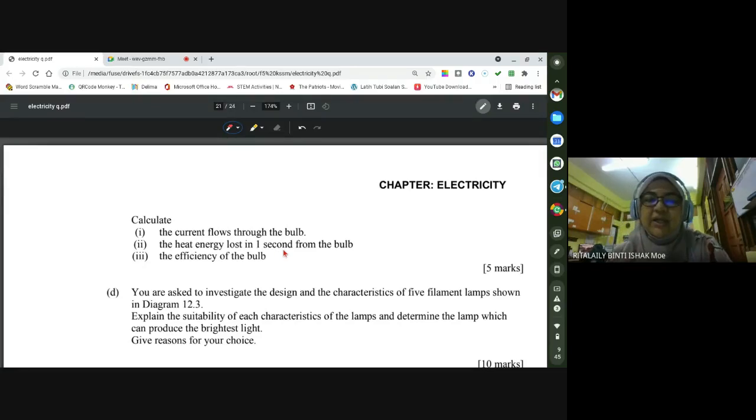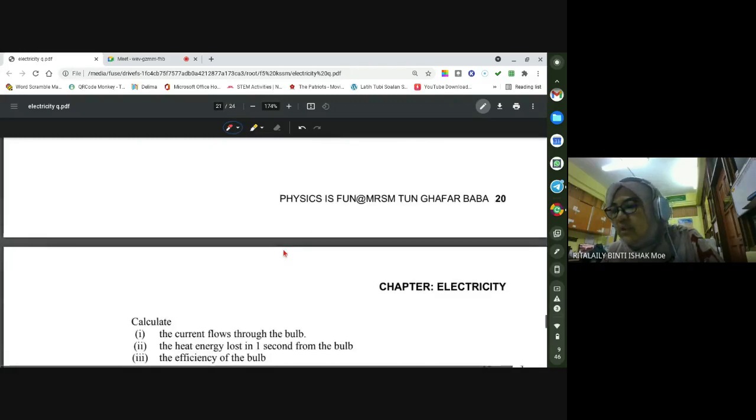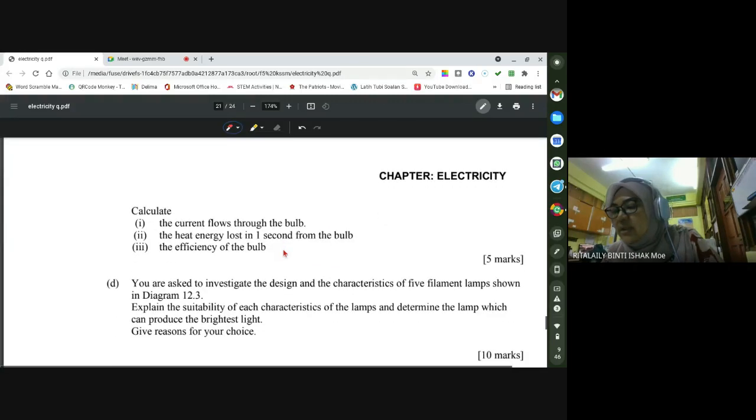Very good. And lastly, the efficiency of the bulb. The efficiency of the bulb is 91.67%. So what is the output power? Input power is 11 watt. Output power 12?